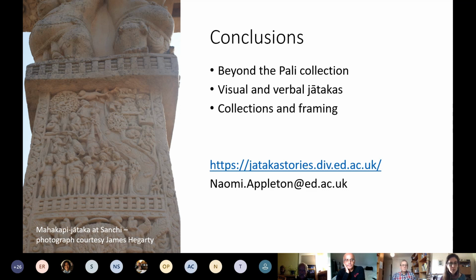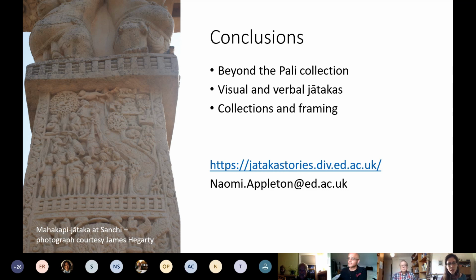And we've got a lot of stuff we're getting ready behind the scenes. Ajanta is going up soon. Very kindly, Dieter Schlingloff has shared a whole load of his materials, and we've also been able to digitize some of the old photographs from the Yazdani volume. So Ajanta will be going up next, and then other Indian sites and texts.